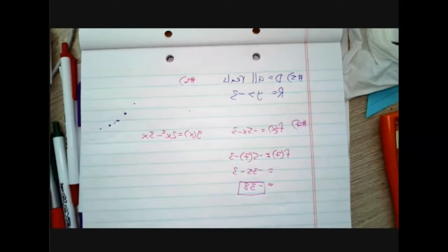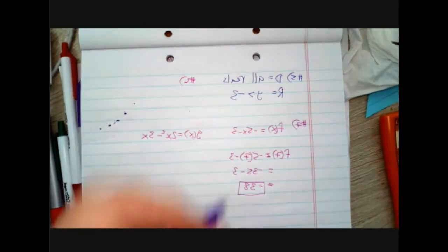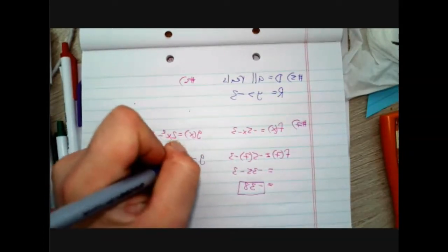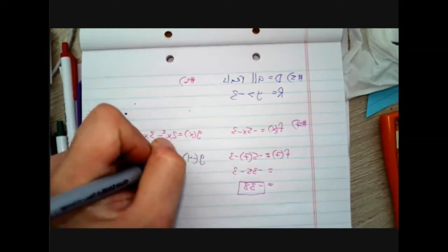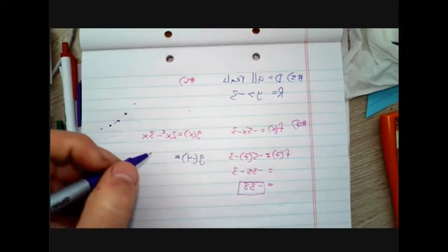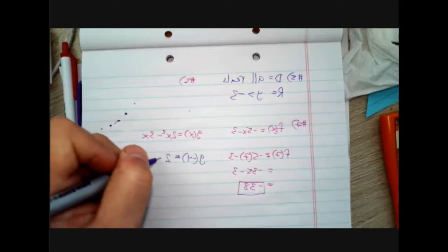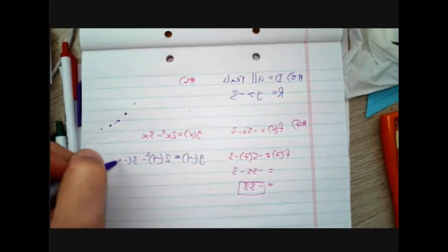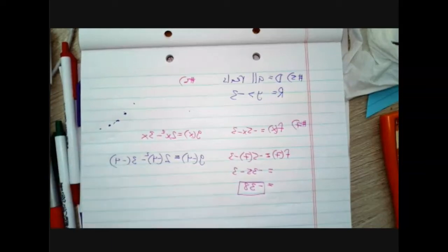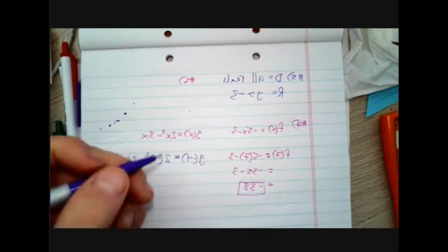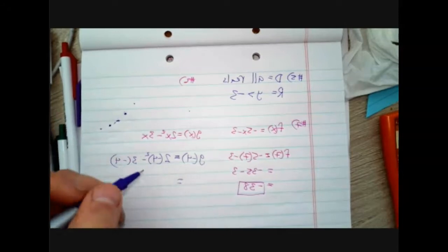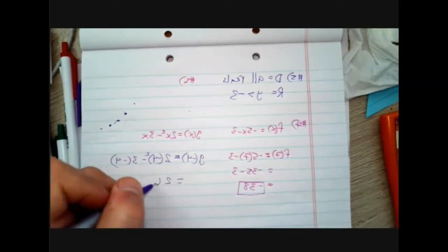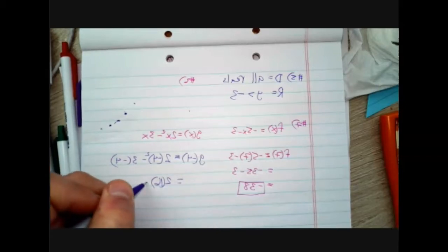And then over here, let me define g of -4. If you're looking at the problem, you can see it's asking for g of -4. So make sure you plug into the function g: 2 times -4 squared minus 3 times -4. Well, guys, -4 squared is -4 times -4, which is positive 16.